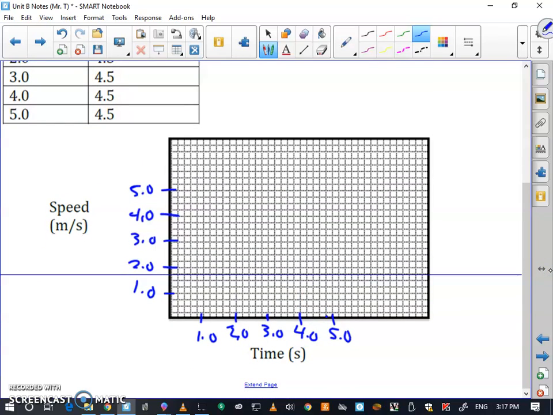So let's plot the graph. I'll just do it in different colors so it stands out a bit. Always get some pride in your work, okay? At 1, we're at 5 in here. So that little circle was kind of off. My apologies.